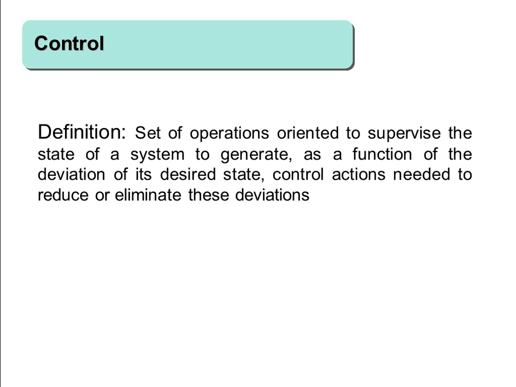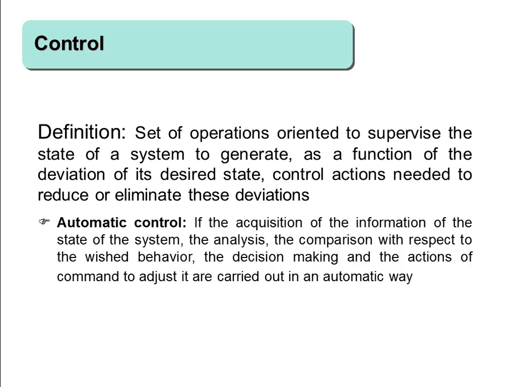And if we detect some deviation, we can modify the operation of the process to return to the operational point that we wanted to maintain. This definition is very general, so it also includes, for example, manual control, which is only of very limited validity. And what we are using in the chemical industry is automatic control.